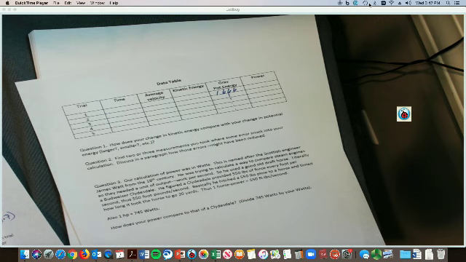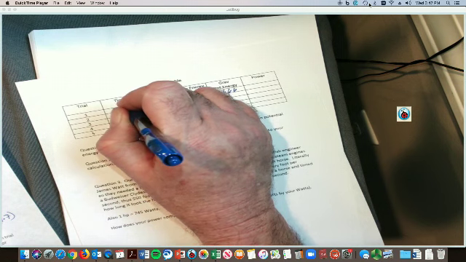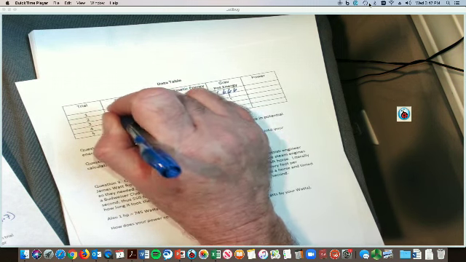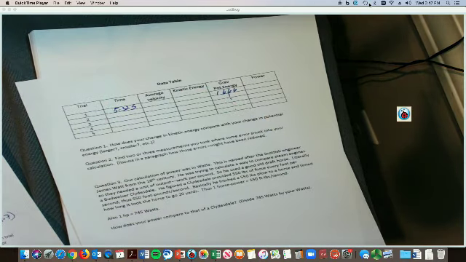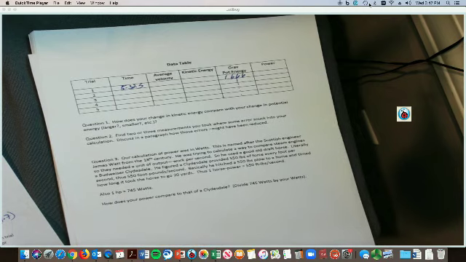My time I took was 5.32 seconds. And by the way, one of your classmates said, "What do you mean you can't time yourself?" And I said, "Well, it's impossible to time yourself." Well, yeah, if you're sprinting, but I just proved she's right.